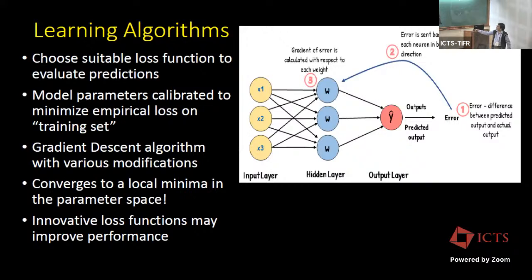And then there is this learning algorithm. Your model, with its current set of parameters, has carried out some operations and given you some result. But what are these current set of parameters? Initially your model has no idea what values of these weights it must use.